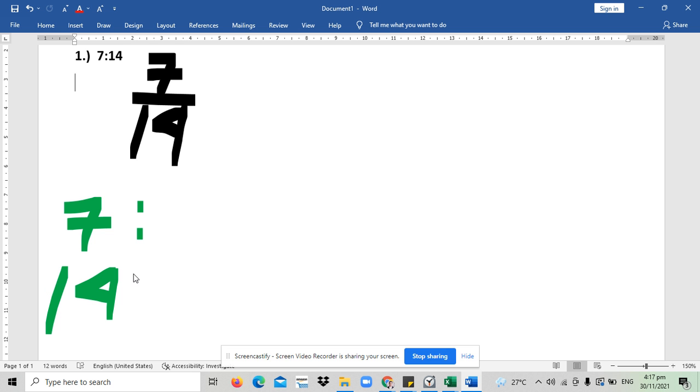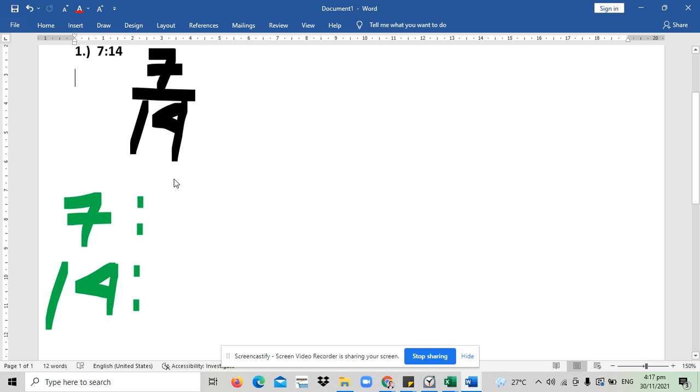But to show everyone how we get 7, let's use listing the factors, because 7 and 14 are smaller numbers.